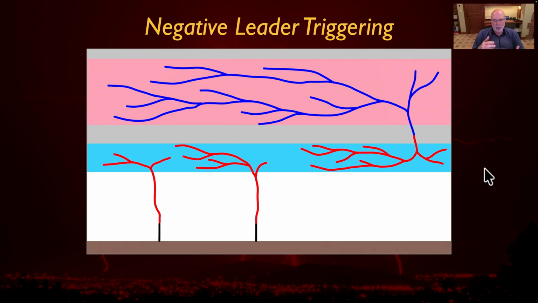We know about upward lightning. We understand that it occurs. What I try to focus on is to really quantify what causes upward lightning, the physical mechanism behind that initiation and development of upward lightning, and try to better characterize that process.